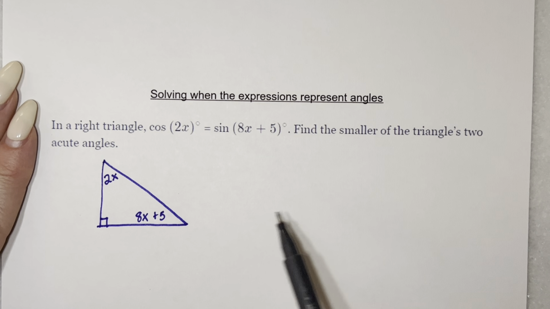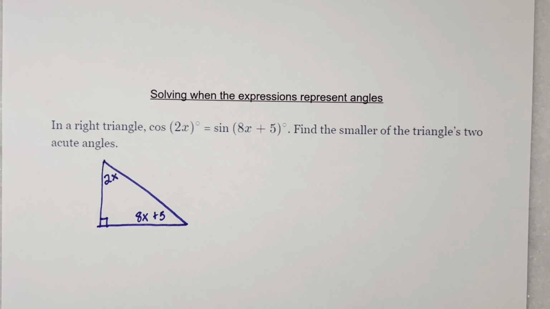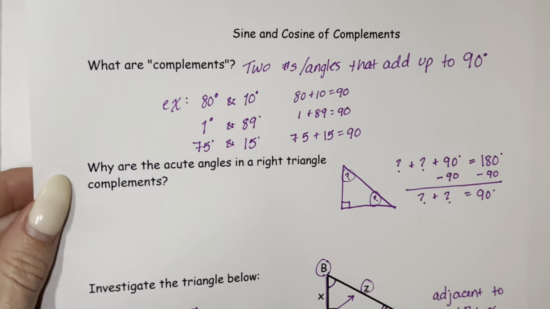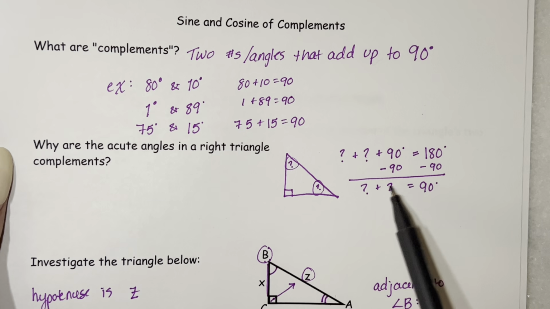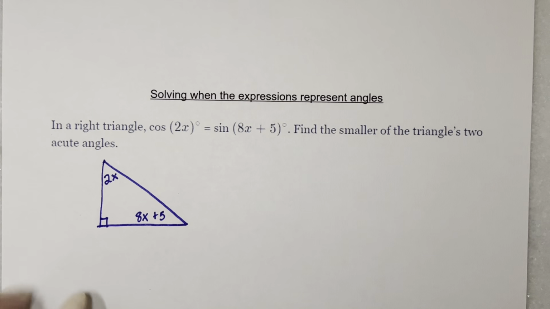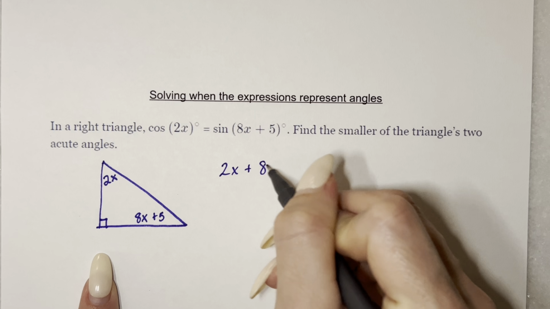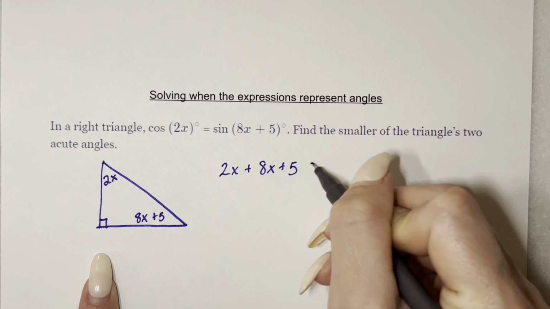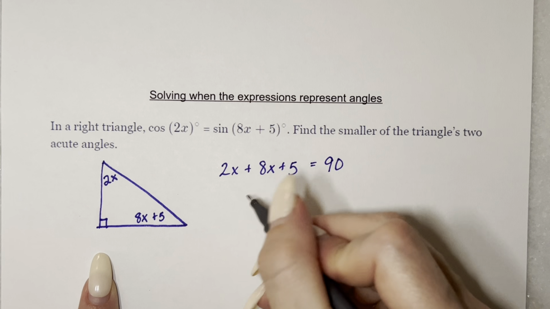And so we have to figure out a way to set this up algebraically. If you'll remember from the beginning of the lesson, we talked about how these two acute angles are actually complements of each other. They add up to 90. So we can write an equation that says 2x plus 8x plus 5 is equal to 90, and we can solve that equation.